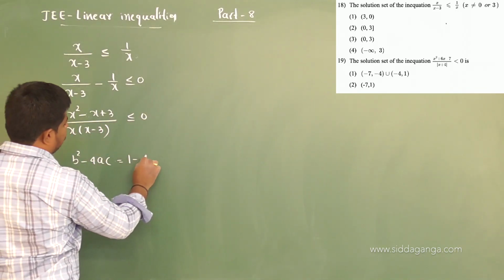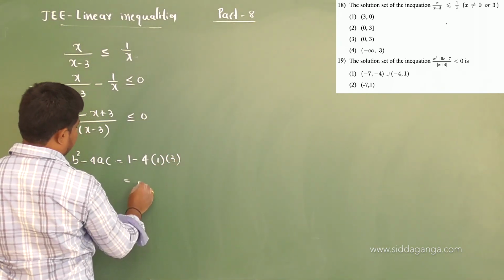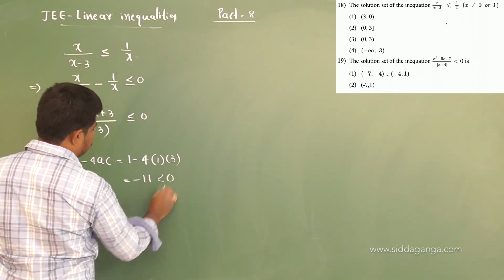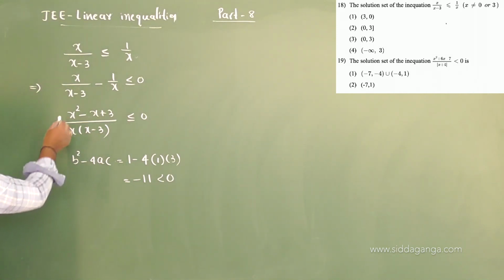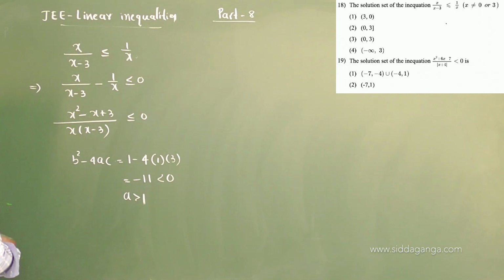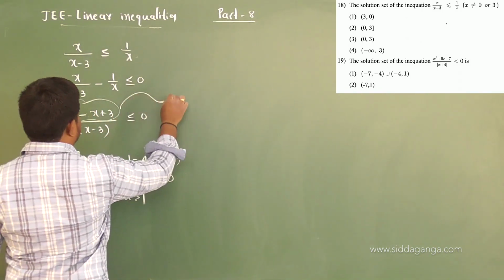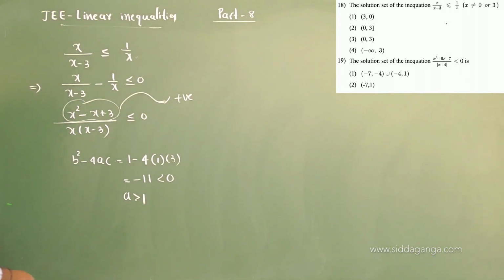So 1 square minus 4 into 1 into 3. Of course, again, which is negative, right? 1 minus 12 is negative and a is greater than 0. So your numerator is positive for any value of x.